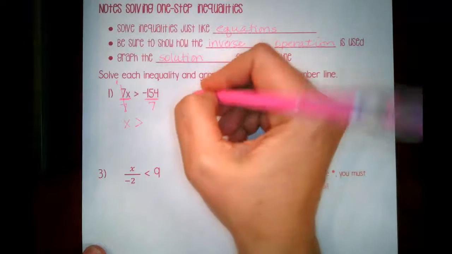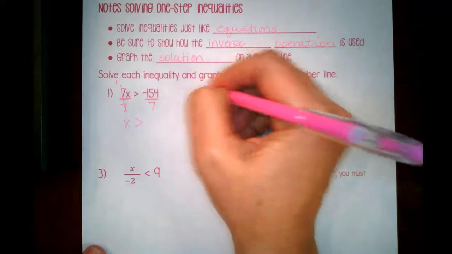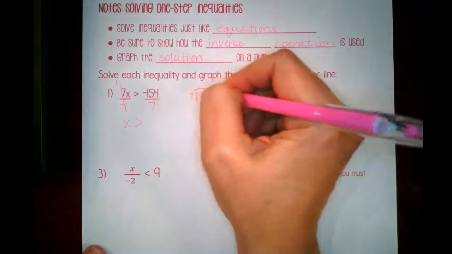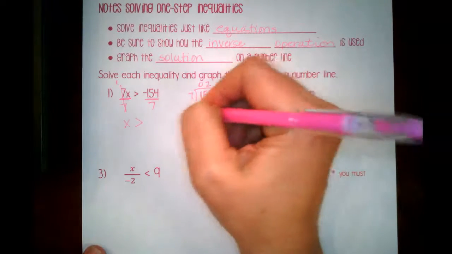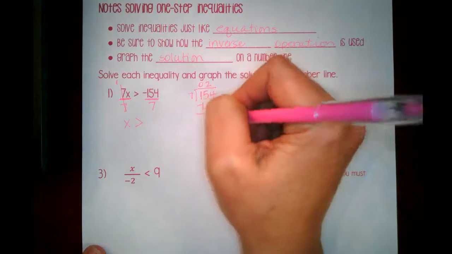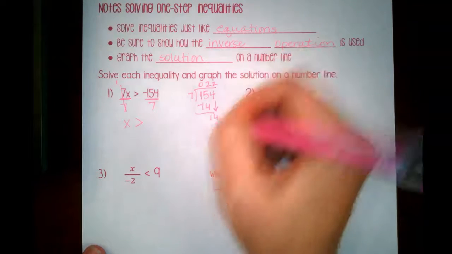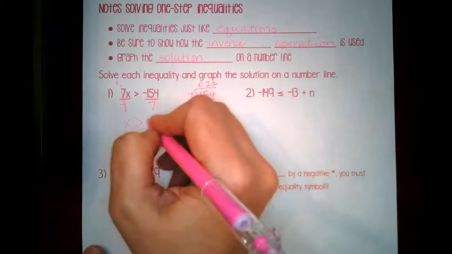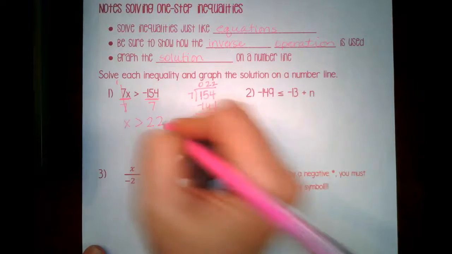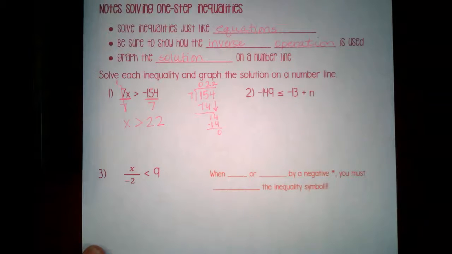And then just come out to the side and do your division. 7 into 154. And that tells us that x is less than 22. Now we're not going to be doing the check steps because it's a little tricky with these.